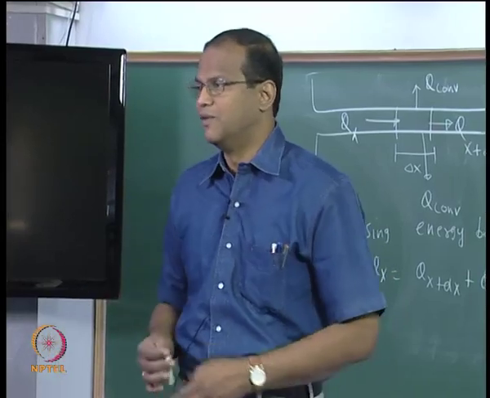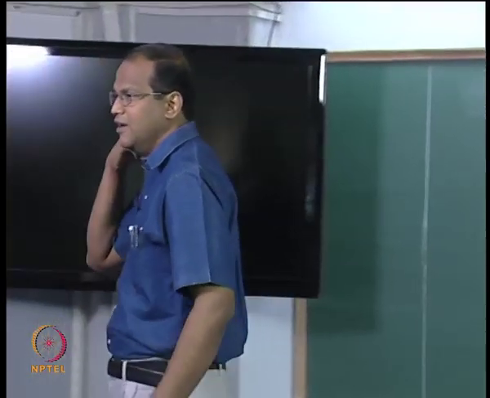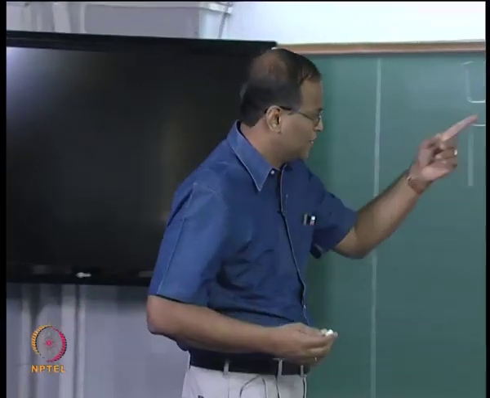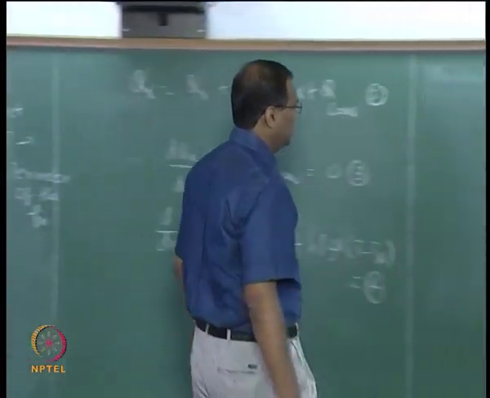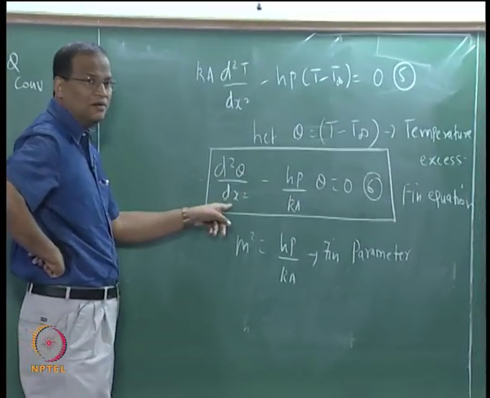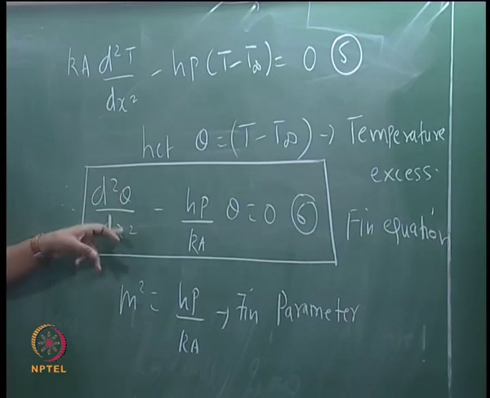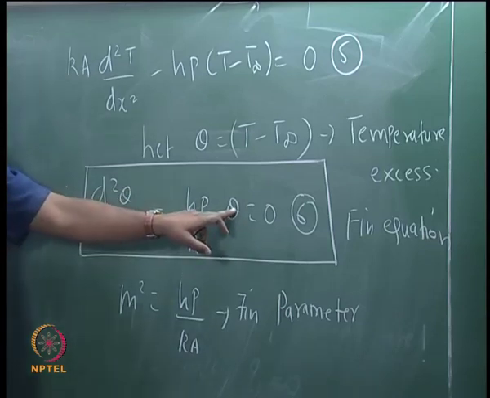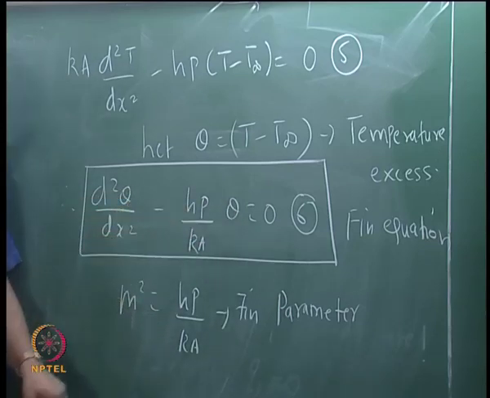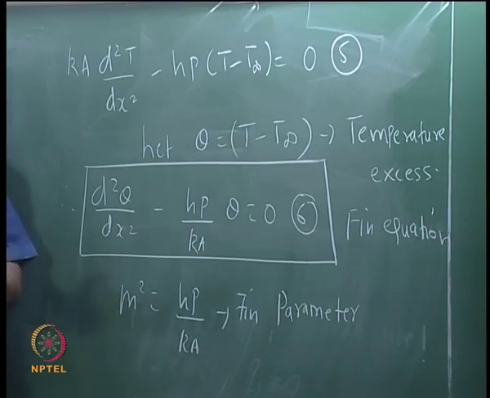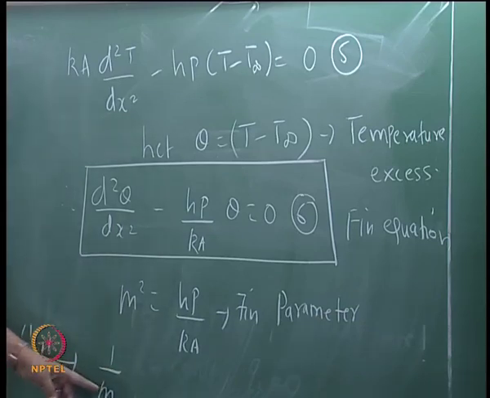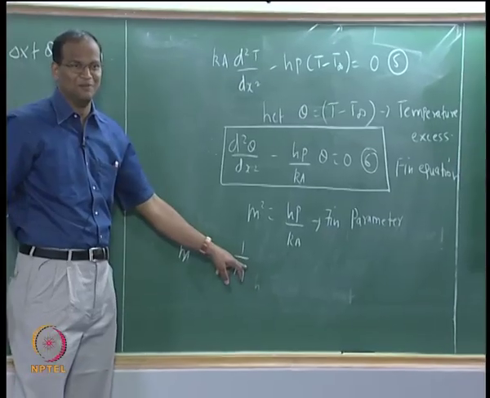Now I am using one more term, efficiency of the fin, I will define it at an appropriate time. Now this is Kelvin per meter square, this Kelvin per meter square, this Kelvin, therefore m square will have 1 by meter square, m will have the units of 1 per meter. It looks like a silly thing, but this m is the fin parameter.